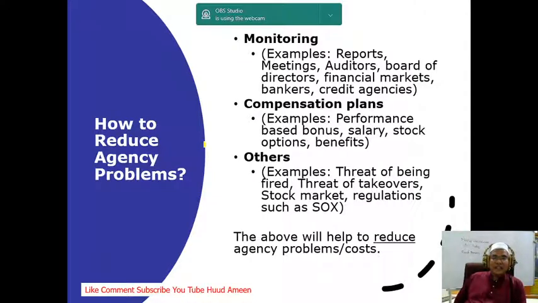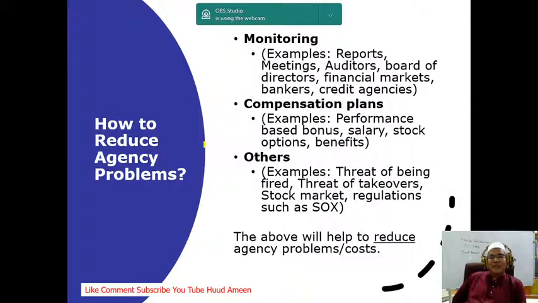And others, threat of being fired. Threat of being fired means memberi ancaman kepada, mengugut kepada pengurus itu, kalau rugi akan diberhentikan, kerja itu akan diberhentikan, manager akan diberhentikan.